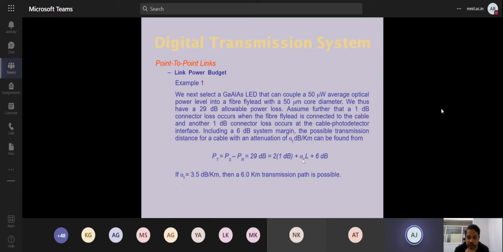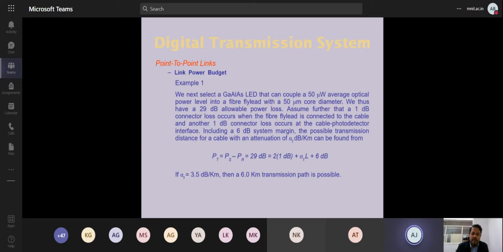So alpha F into L should be less than 29 minus 6 minus 3, so 20 dB. And if alpha F is 3.5 dB per kilometer, you can have a transmission distance of about 6 kilometers. This product alpha F into L should be less than 20.